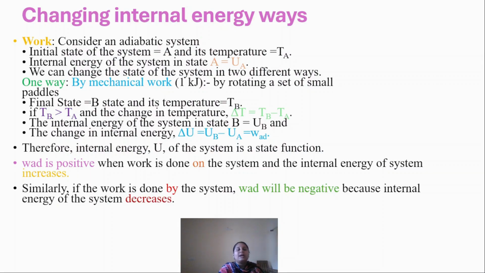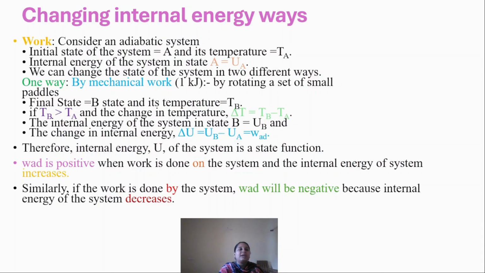Considering an adiabatic system, the initial state of the system is A and its temperature is TA. So the internal energy of the system in state A is UA. We can change the state of the system in two different ways, for example with paddles. The final state is B and its temperature is TB.